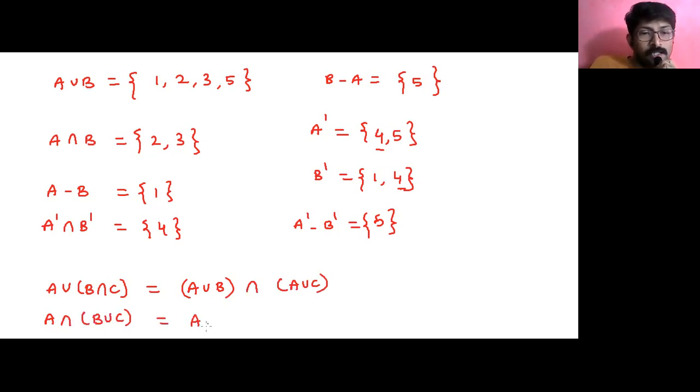A intersection B, देखो ये जो intersection है over the B, and union, A intersection over the C. इसको बोलते हैं distributive law of sets. I'll give the example in a while.